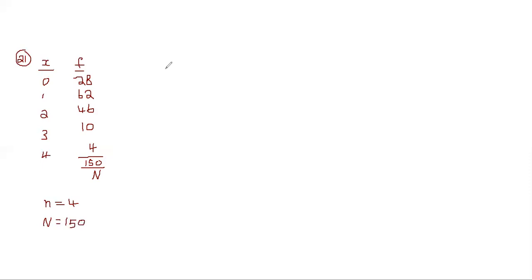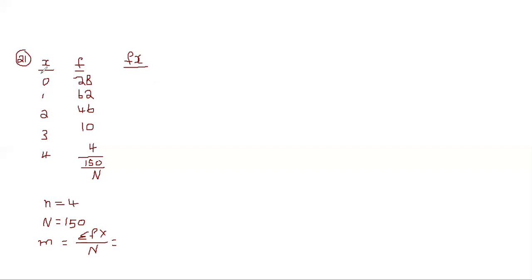Okay. Next, in order to find out m, what is the formula? Sigma fx by N. So let us find out fx. The corresponding values of f and x have to be multiplied.